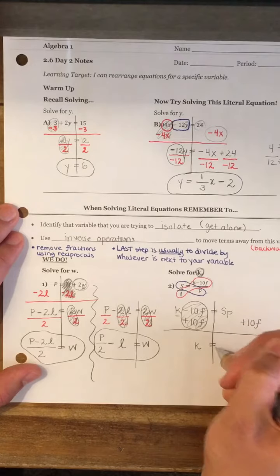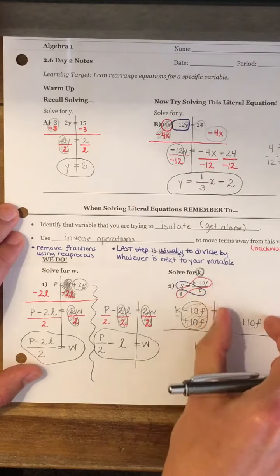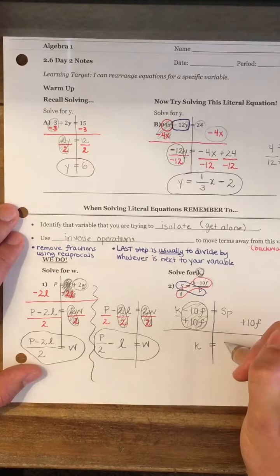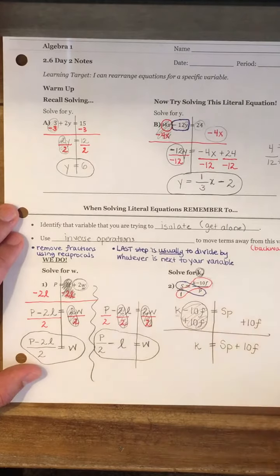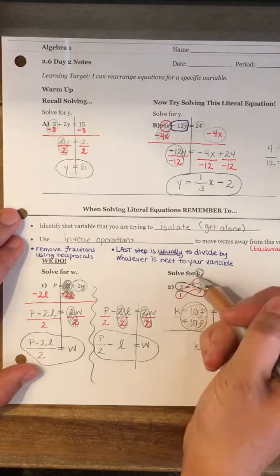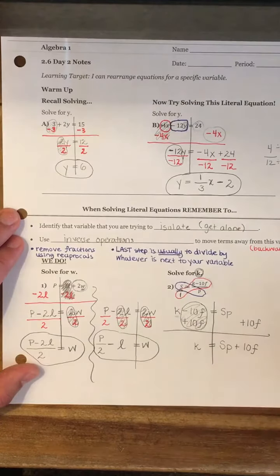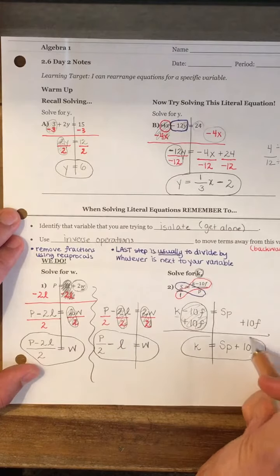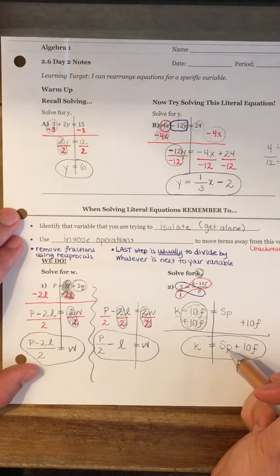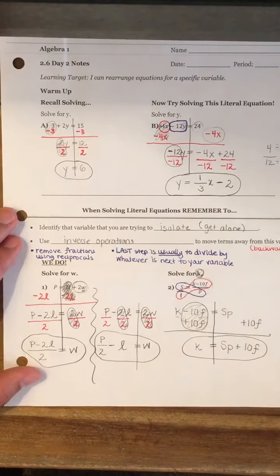I got my equal sign in the middle. And I'm going to bring down exactly as everything appears. I cannot combine them. They're not like terms. So I have SP, and then I'm adding to that 10F. Hey, look, I solved for K. I got K all by itself on the left-hand side. This is my final solution now. K is equal to all this stuff, whatever S times P is, plus whatever 10 times F is.